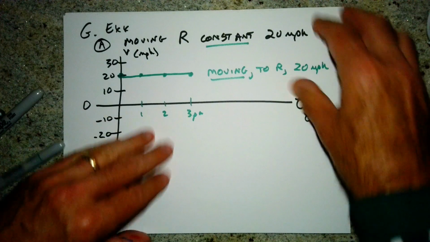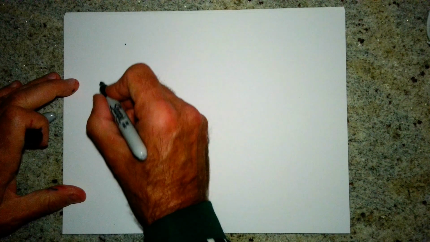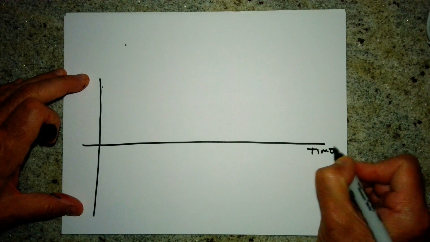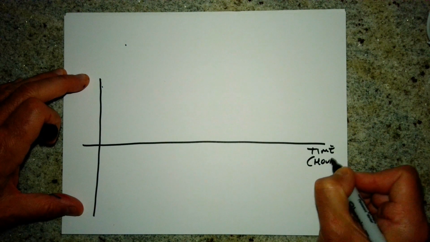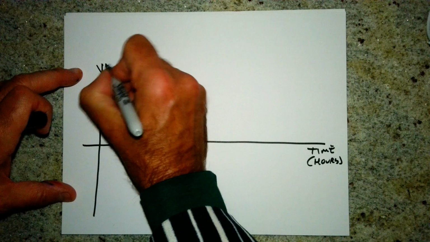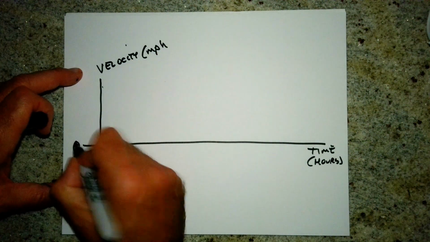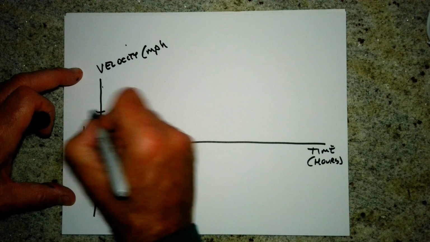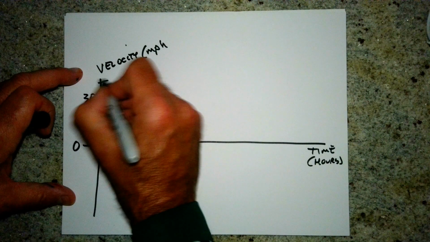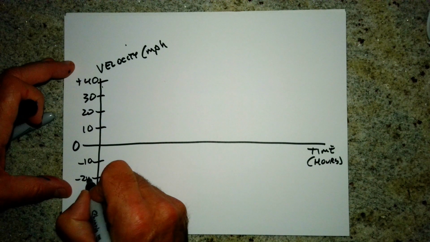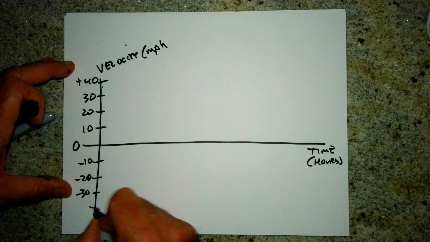Okay, next example. Now let's draw a graph and put different examples on the same graph, but in different colors. So this is time in hours, and this is velocity in miles per hour, parked or 0, 10, 20, 30, 40, positive, negative 10, negative 20, negative 30, negative 40.